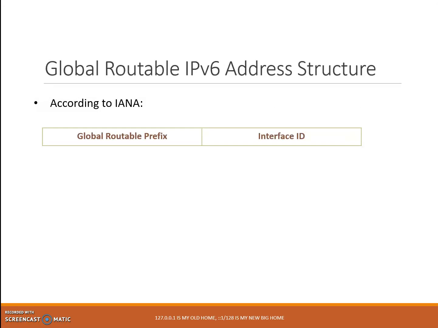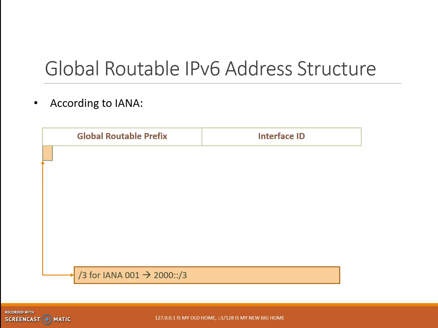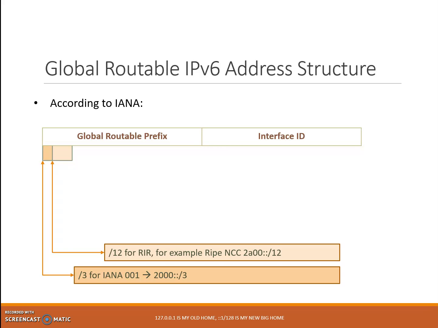Now, IANA has divided the global routable prefix part of the IPv6 address into several parts. First, 3 bits for global unicast, and IANA now is distributing only the binary value 001, which is equal to 2 in hex. The second part is 12 bits.